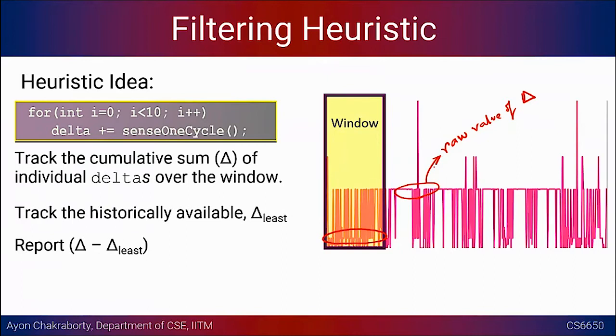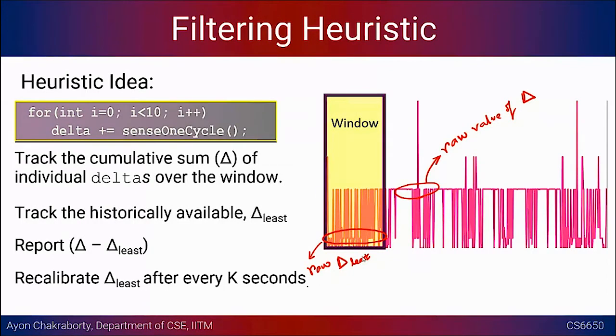We are not using this raw value. Instead, we are also keeping track of the raw delta list, and this could be recalibrated. The delta list value could be recalibrated every k seconds. For k seconds we keep a history, and within that time whatever is the value of delta list will be subtracted from delta. So what we are reporting is delta minus delta list.